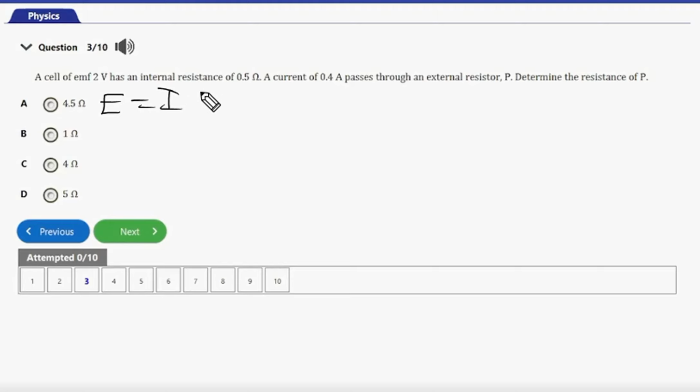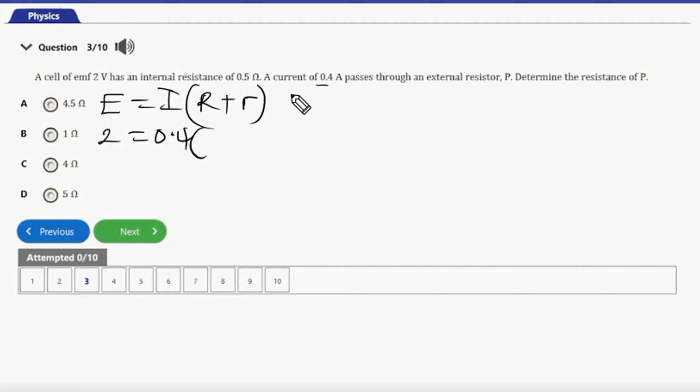E is equal to I into R plus r. E is given in the question as 2 volts, and I, the current, is given as 0.4 ampere.